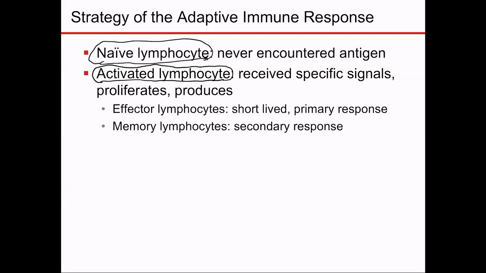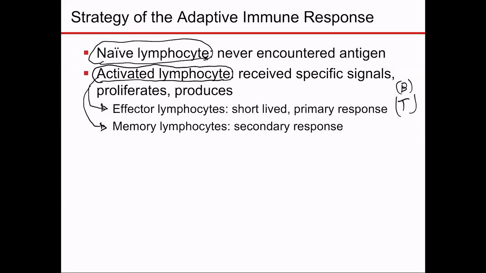That lymphocyte now is not naive anymore. It has been activated, and it could be differentiated into effector lymphocytes or memory lymphocytes. You have effector lymphocytes for T cells, T helper and T cytotoxic cells, and you also have effector lymphocytes for B cells.